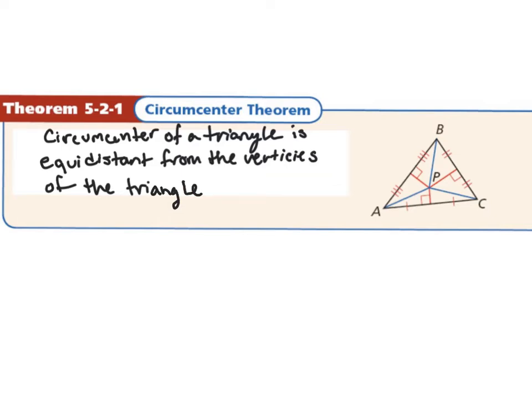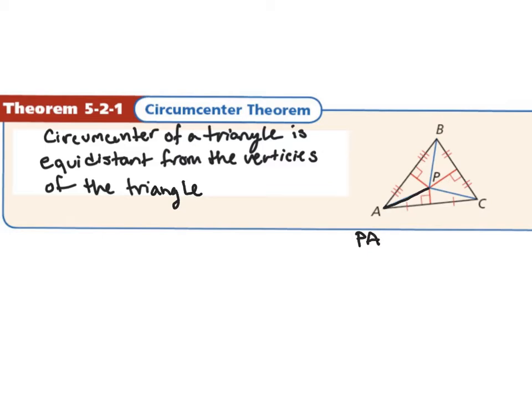All right. Now, if we look at the picture to the right, we can say that they're equidistant, meaning that certain lines are going to be equal to each other, knowing that there's a circumcenter. So if we look at line AP or PA, whatever one you want to name it, let's just name it PA.